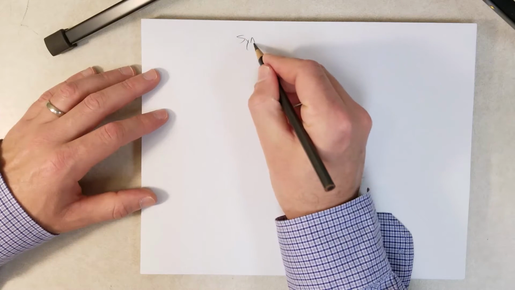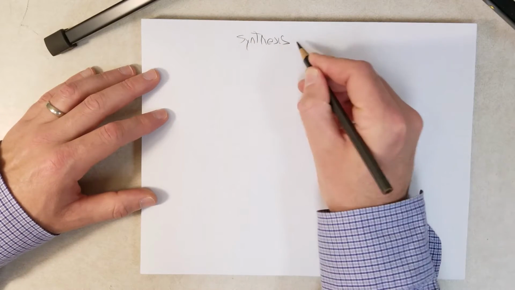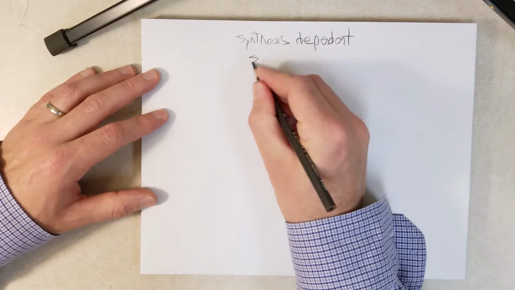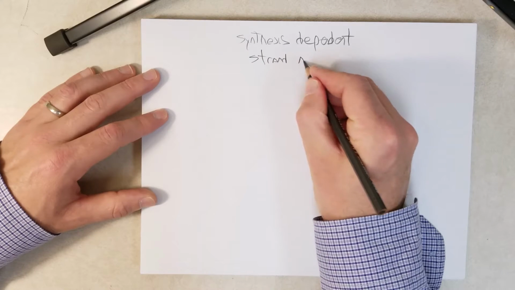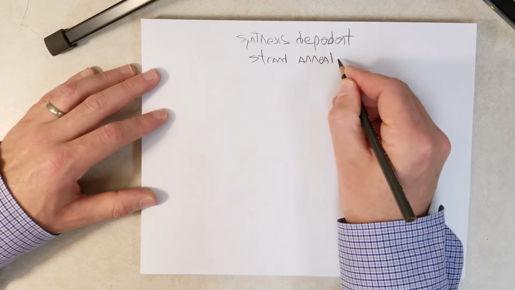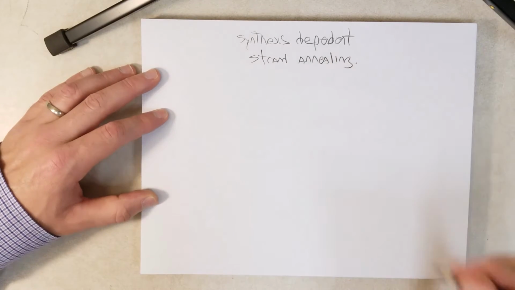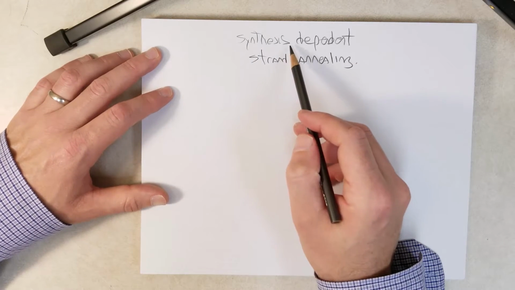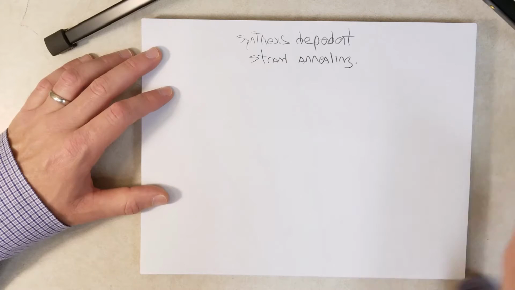So first, let's take a look at synthesis dependent strand annealing. Let's see how this works. This is thought to be the main way a double strand break is repaired outside of meiosis.